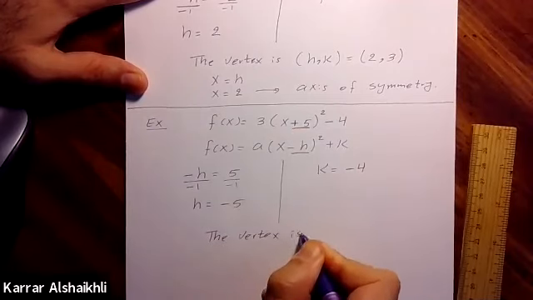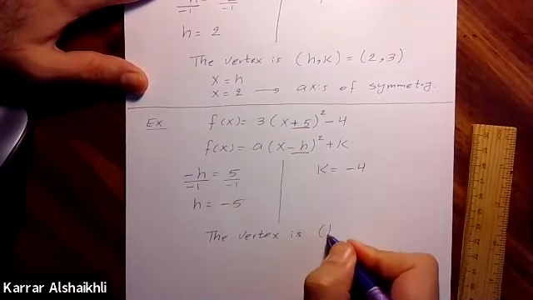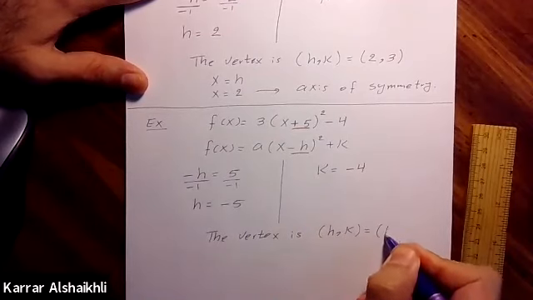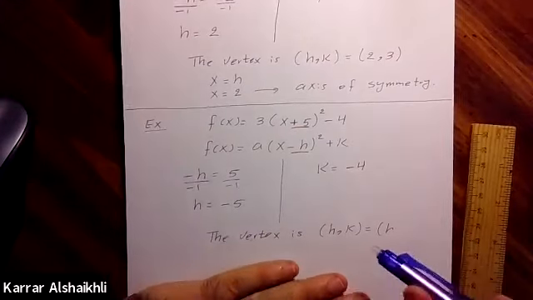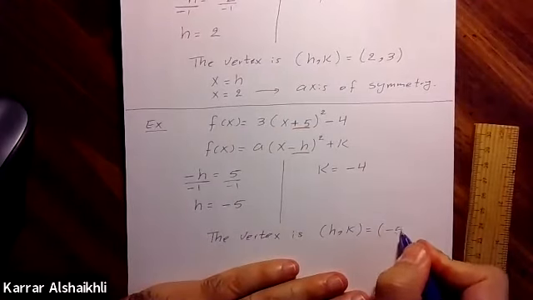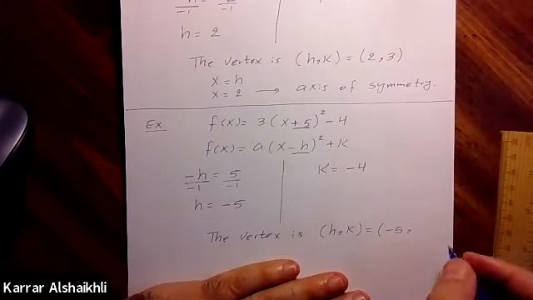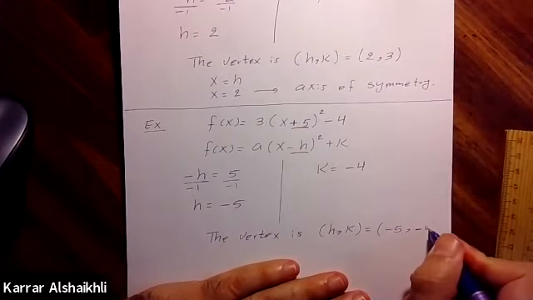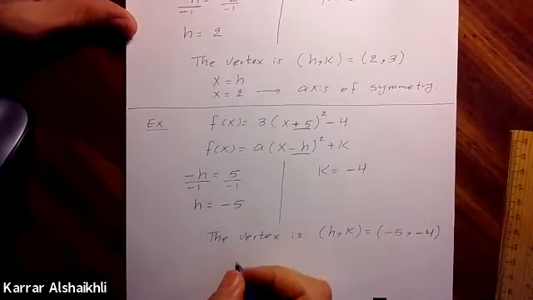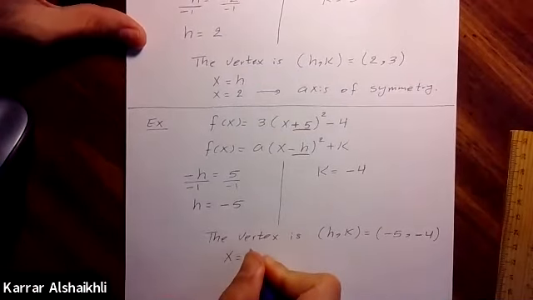The vertex is (h, k), which is equal to h is -5 and k is -4. Now the axis of symmetry, which is x equals h.